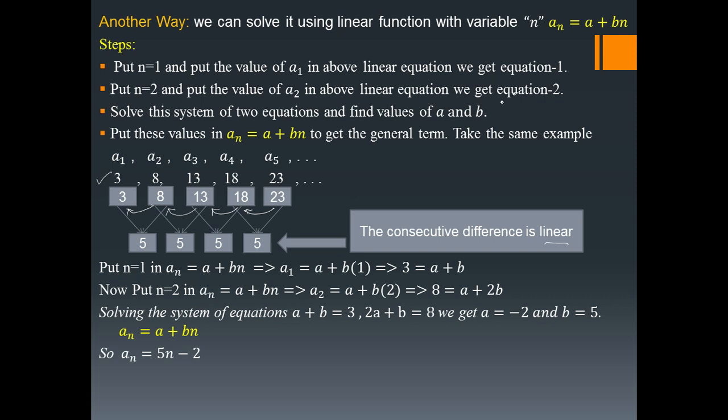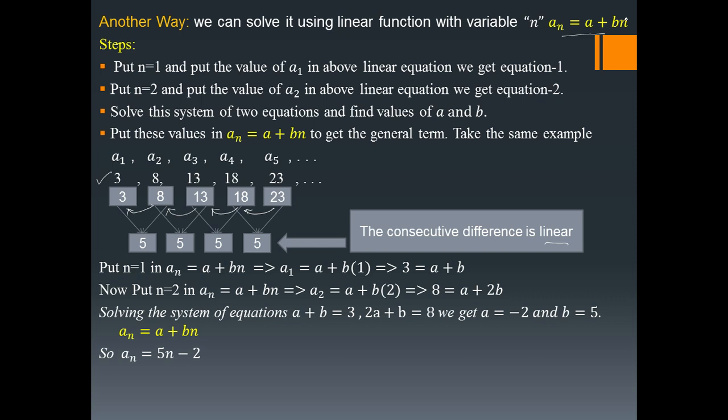For this we are taking an is equal to a plus bn. This is a linear function, so an, which is the general term, is equal to a linear function.